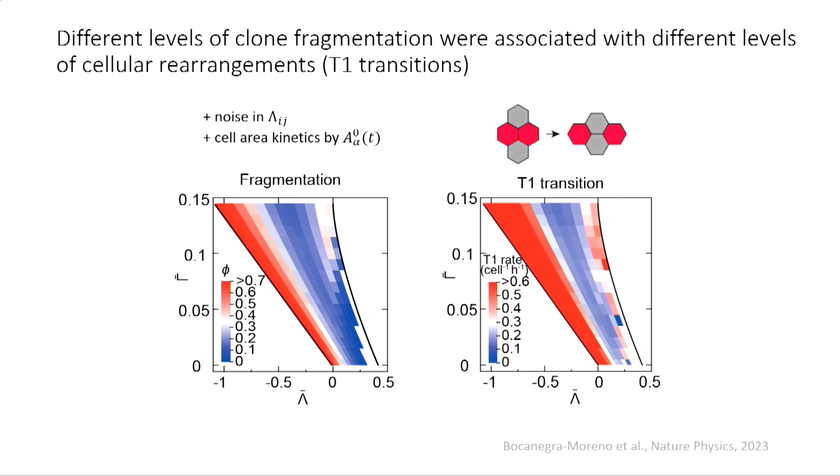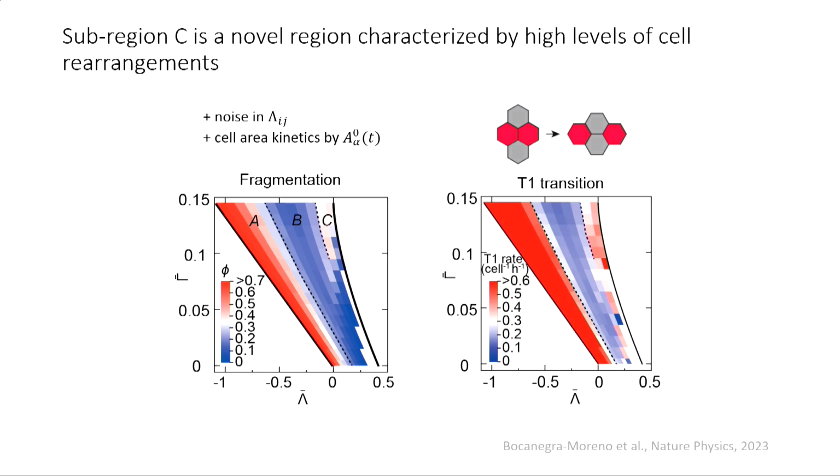They create two fragments, and you can see that these two are very close to each other. So often I will just measure fragmentation either directly or by discussing these T1 transitions, which is also something you find in the literature.